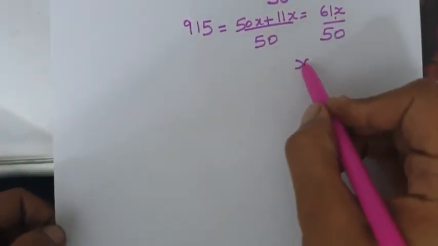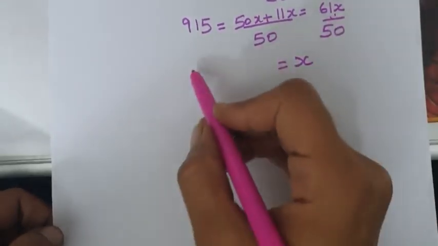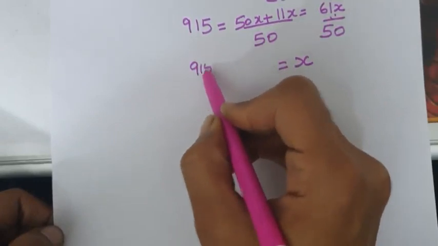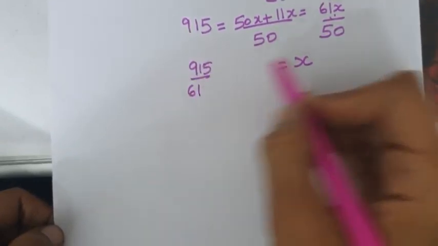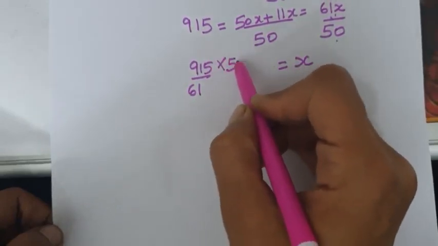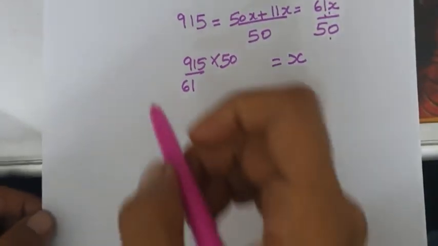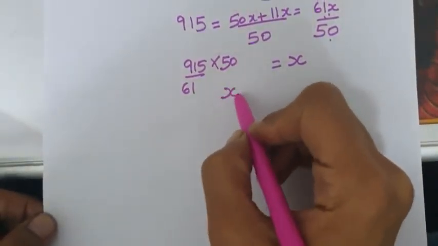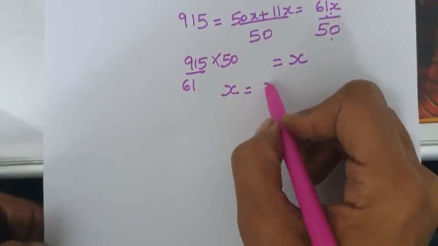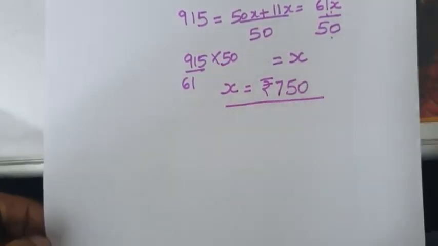So x will remain here and 61 in the numerator will go in the denominator. This is in the denominator, so it will go in the numerator. Clear? On calculation, finally, principal will come rupees 750. Clear?